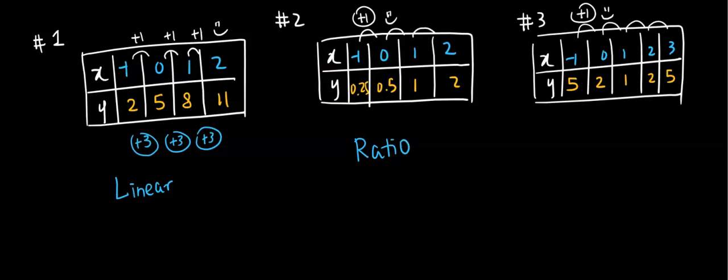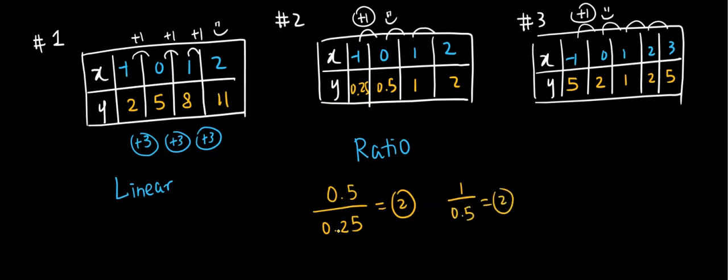If the ratios of successive y values are all equal: 0.5 divided by 0.25, we have 2. 1 divided by 0.5, we have 2. 2 divided by 1, we have 2. We indeed got that the ratios of successive y values are all equal. Therefore, table 2 is exponential.